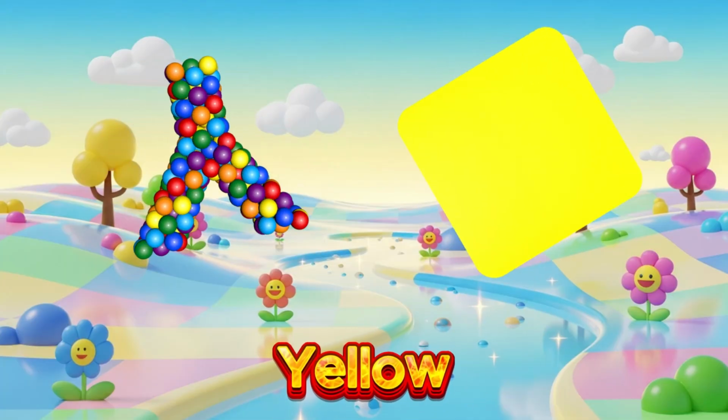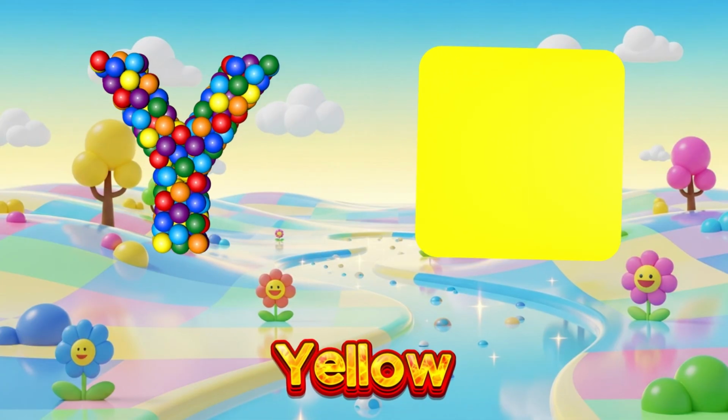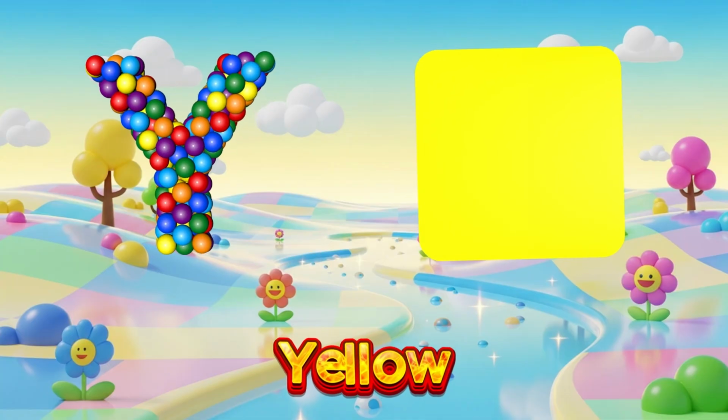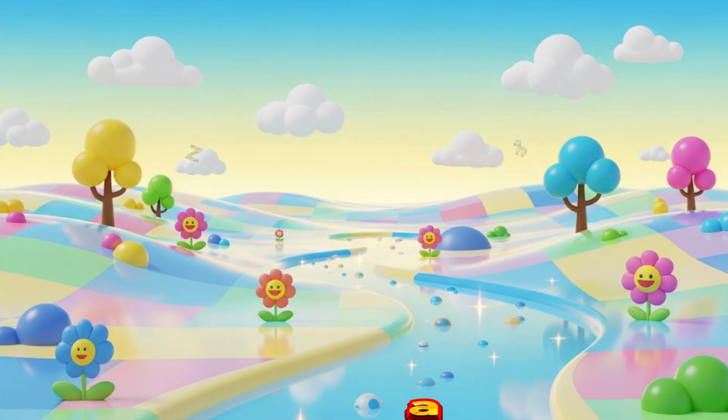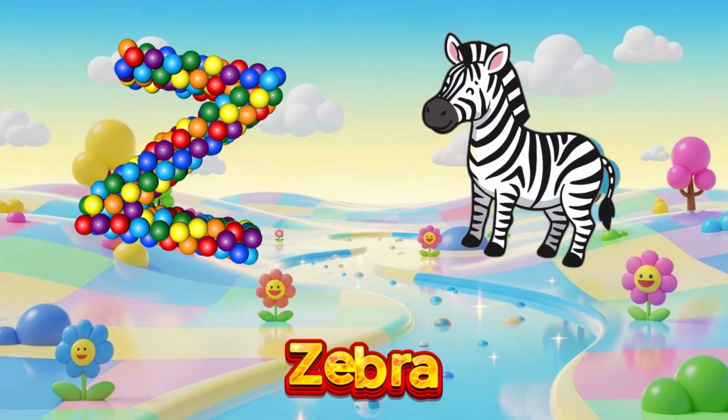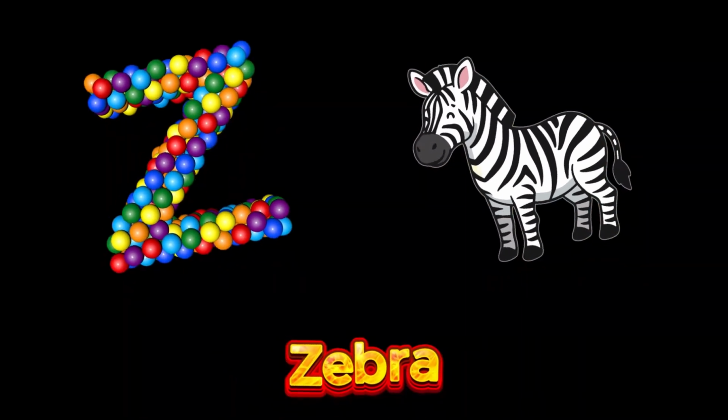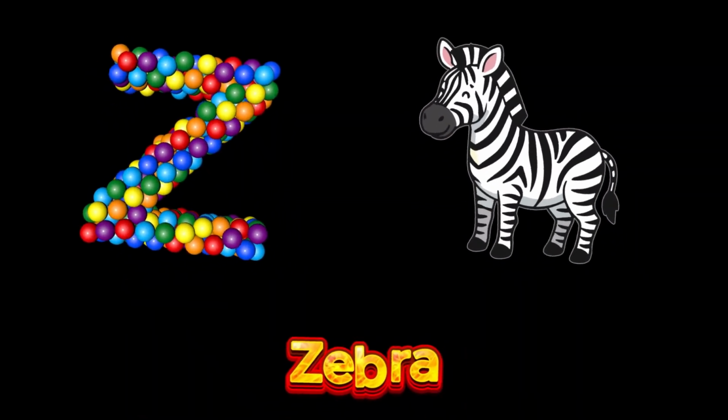Y is for yellow. Y, yellow. Y is for yellow. Z is for zebra. Z, zebra. Z is for zebra.